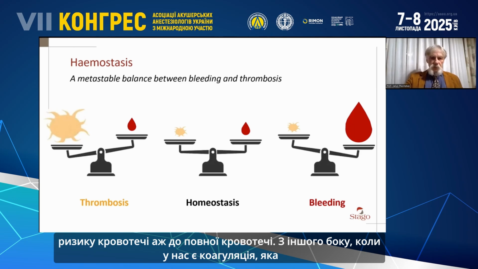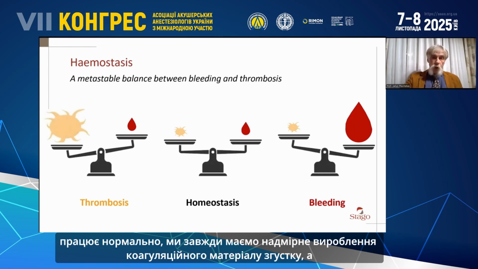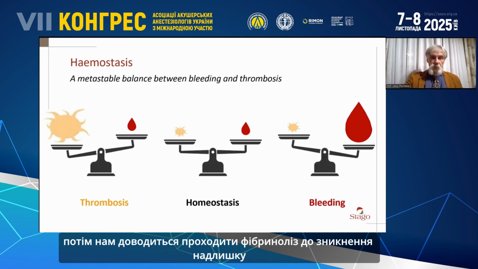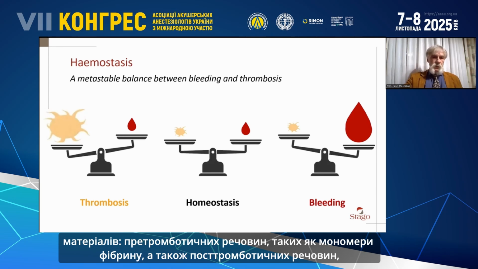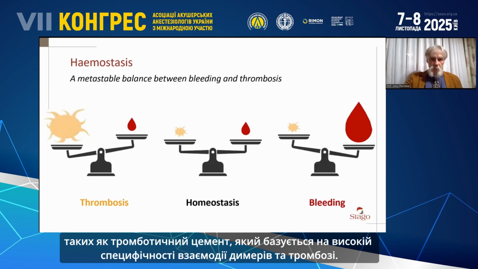On the other hand, when coagulation looks like it is working normally, we always have overproduction of clot material, and then we have to go through fibrinolysis to remove the excess clot. Sometimes this goes the wrong way and leads to production of pre-thrombotic substances like fibrin monomers, and post-thrombotic substances like thrombotic cement, which is based on high specificity D-dimer interactions, and thrombosis.